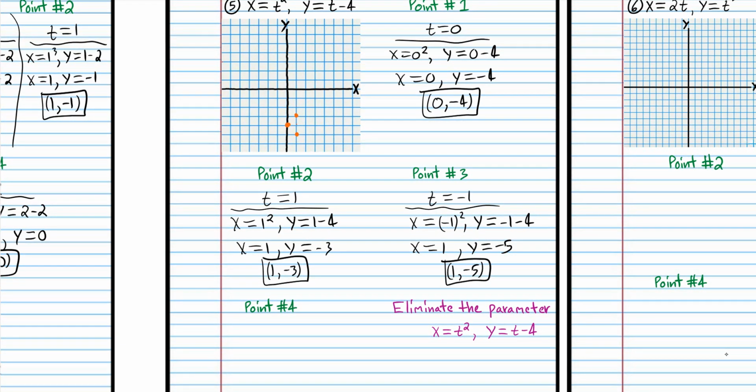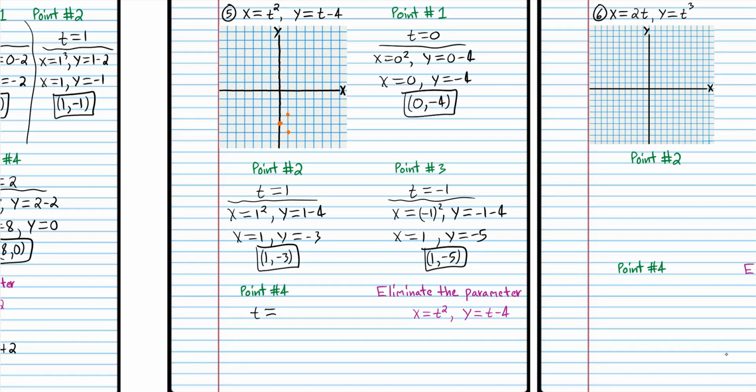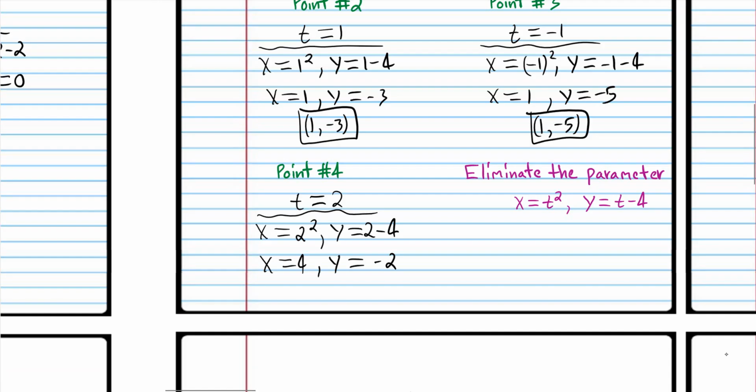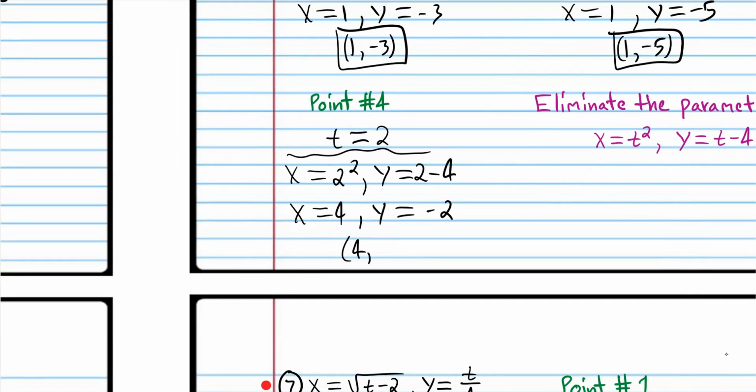And what should we choose for our last t value? We could probably choose 2. So x is equal to 2 squared, y is equal to 2 minus 4, so x is 4 and y is negative 2. So our point is 4, negative 2.